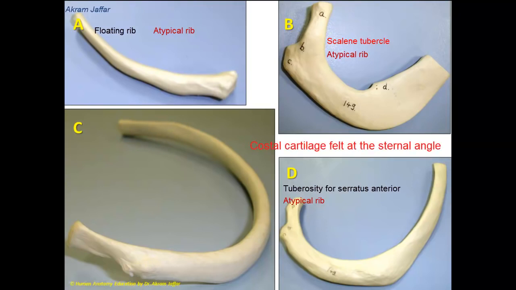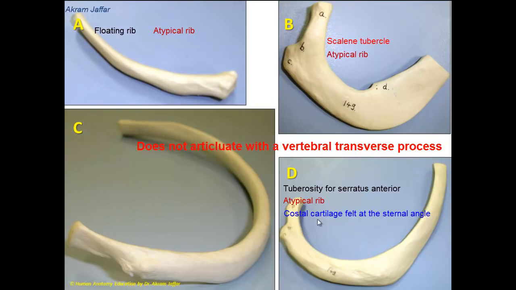Costal cartilage felt at the sternal angle. The costal cartilage that is present at the level of the sternal angle is that of the second rib, the second costal cartilage. So this only matches with D. Does not articulate with a vertebral transverse process. The part of a rib that articulates with a vertebral transverse process is the tubercle of the rib.